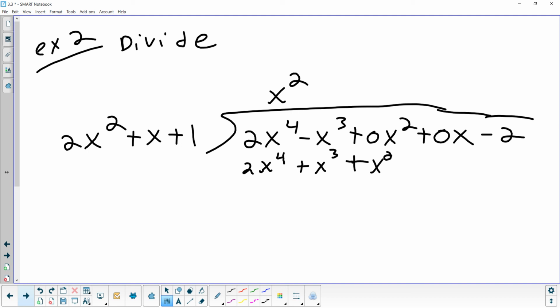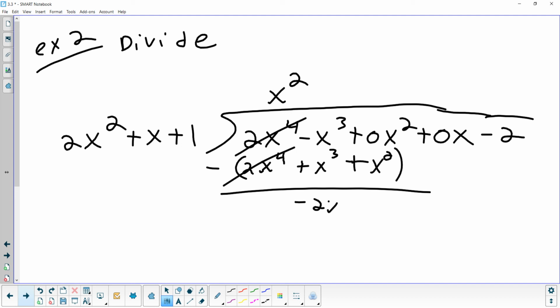And Skylar, what am I going to do with those columns? Subtract them. Yep, and subtract them. That's gone. We're going to get negative x cubed minus x cubed. That's negative 2x cubed. And 0 minus x squared. That's negative x squared.